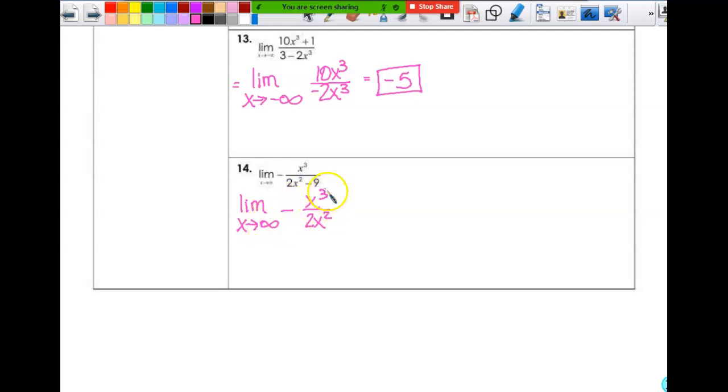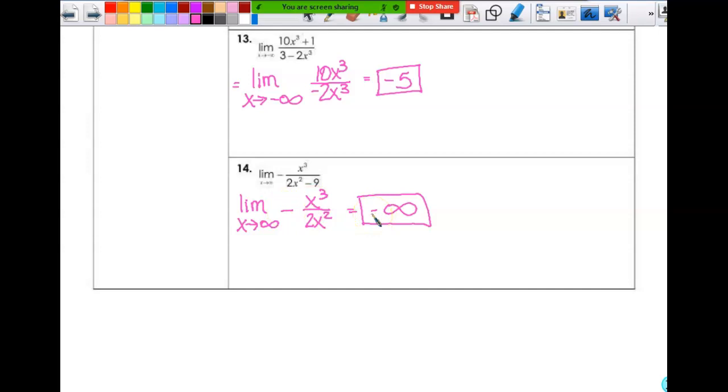So infinity to the third power is infinity, but then I have to make it negative, which makes it negative infinity. Had this said x approaches negative infinity, when I substitute that in here, negative infinity cubed is going to be negative infinity, right? And then I make it negative, so my answer would be positive, all right?